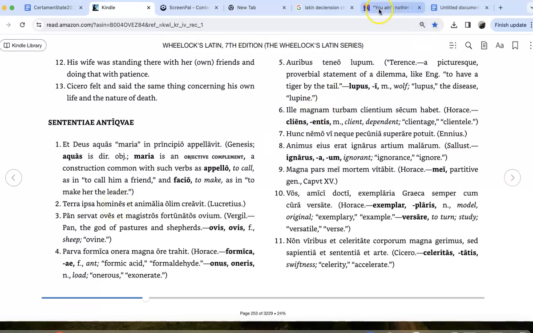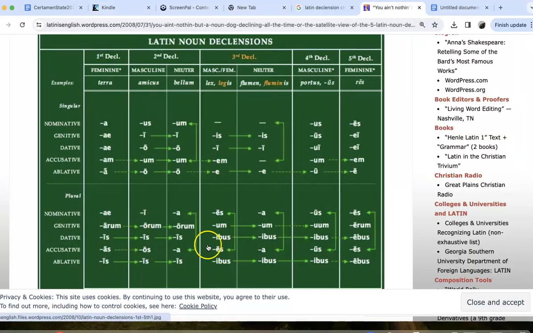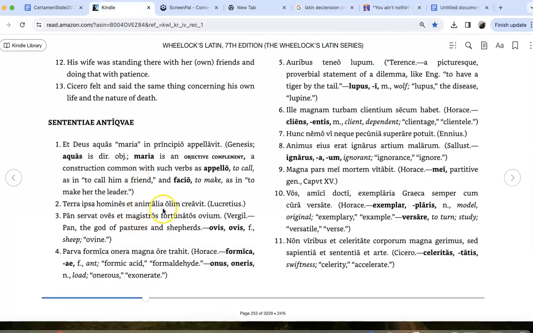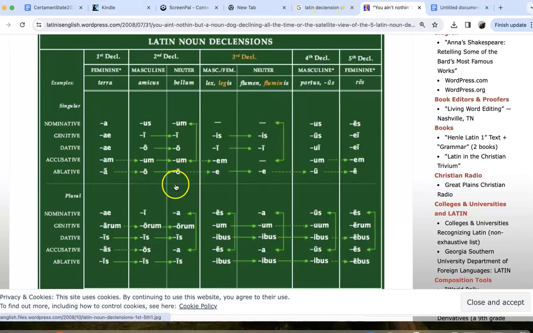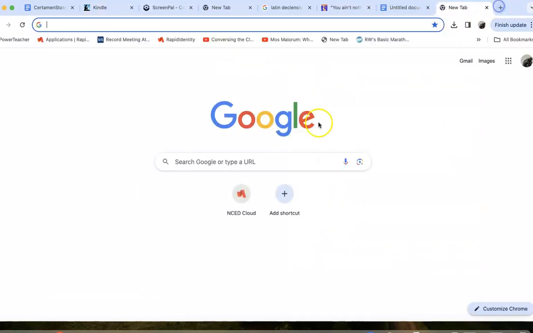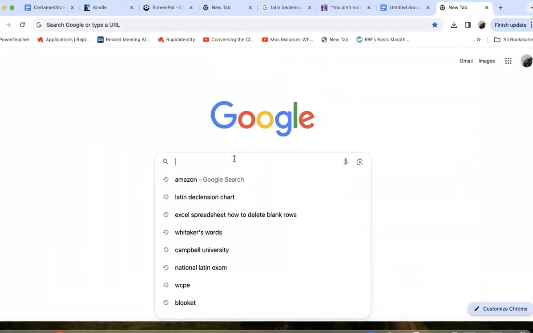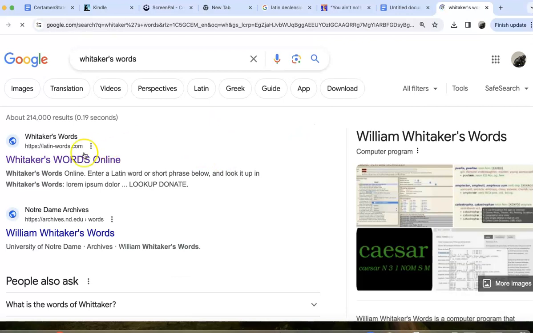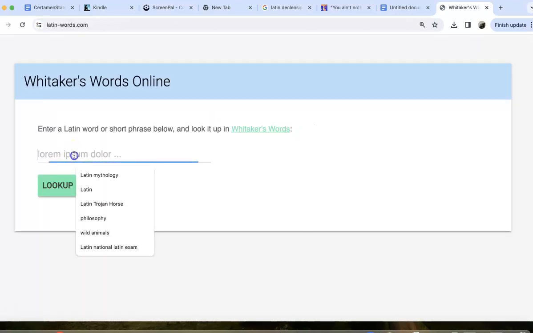Homines is third declension accusative plural, ending in -es. But then animalia is a neuter noun, also in the plural. That's why it ends in the letter A. So if you look at second declension neuter plural, the accusative direct object is the letter A. Once again, if we're not sure about that, we'll have to use a dictionary, or in this case, Whitaker's Words, and take our time.